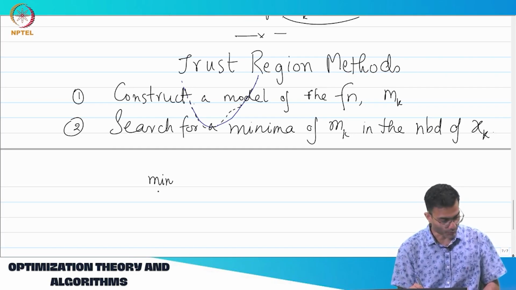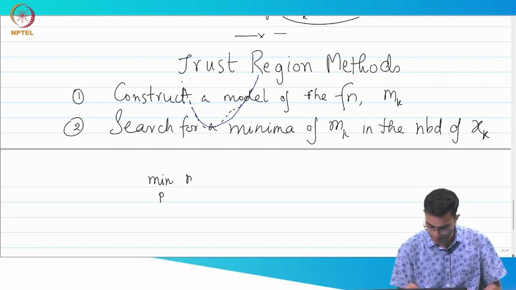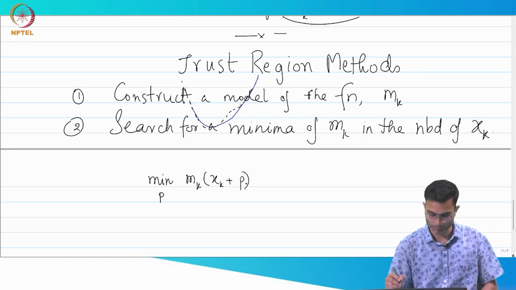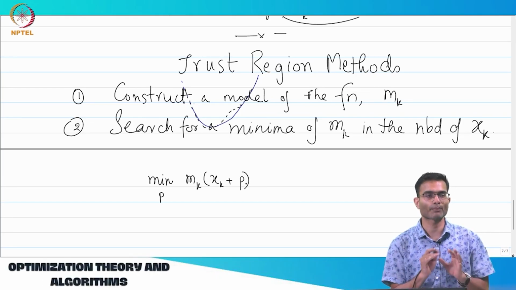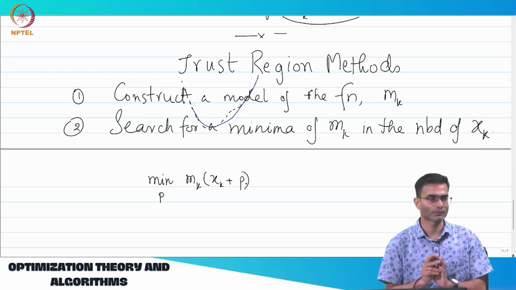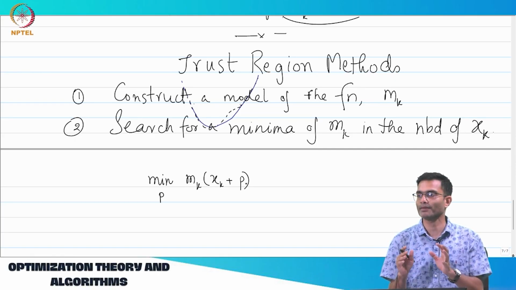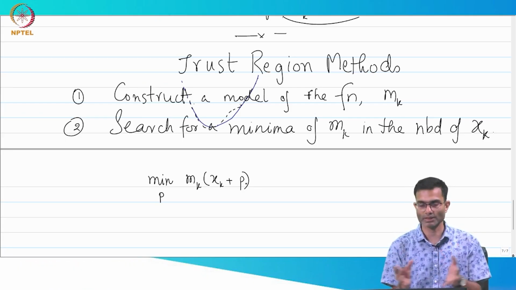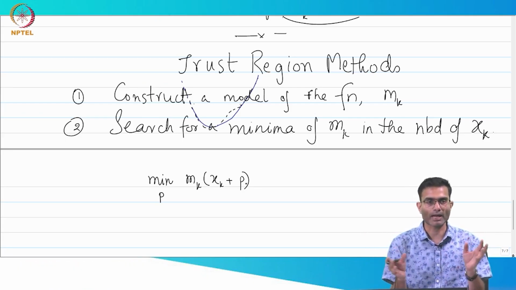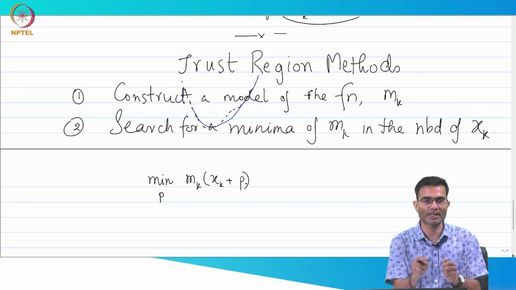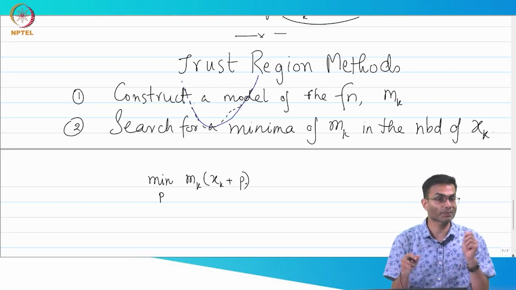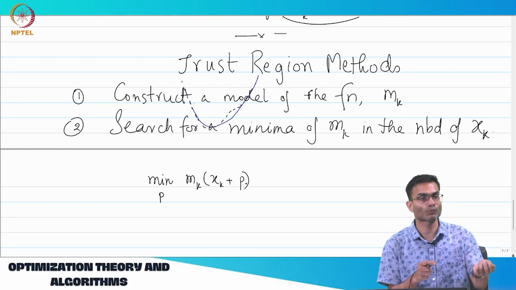Now I am trying to search for the best p such that mk of xk plus p is minimized. So I have my model mk which explains the function behavior near xk, for example a parabola or whatever, and I say now let me add a little bit of p to this and give me the best p. In some sense I'm looking for the direction.